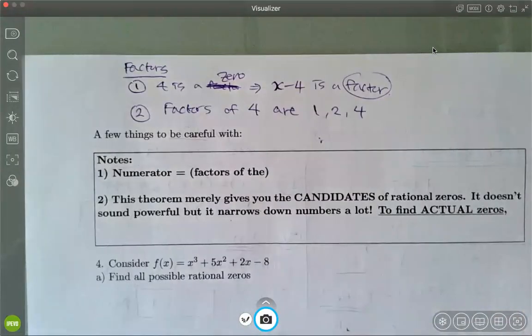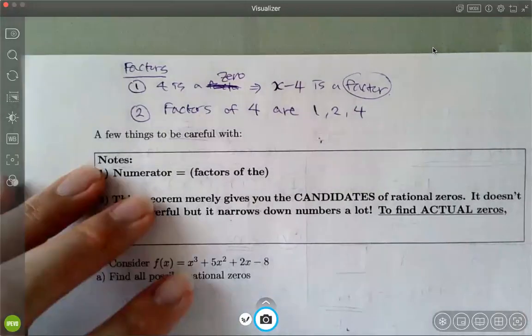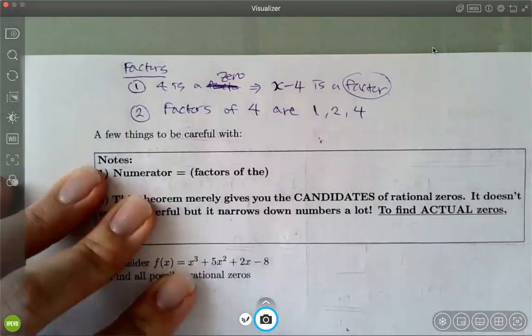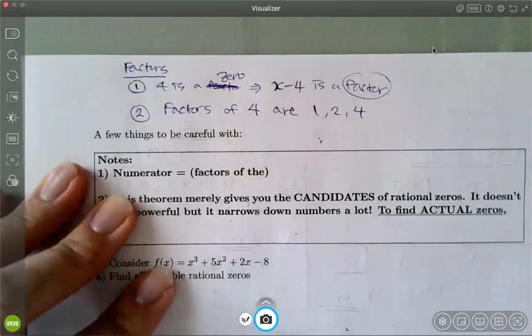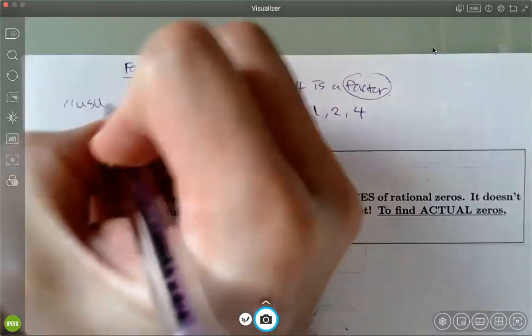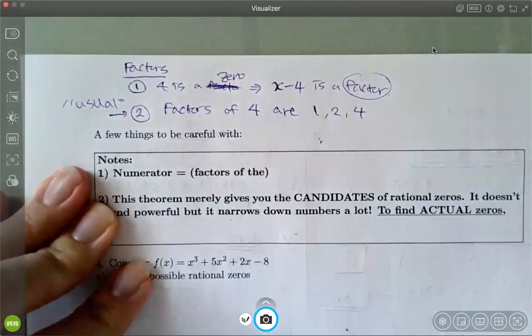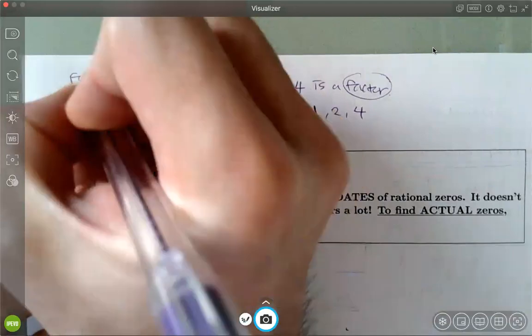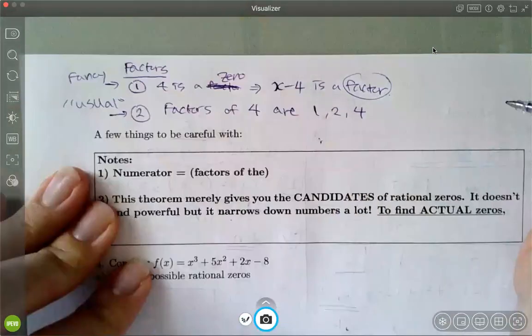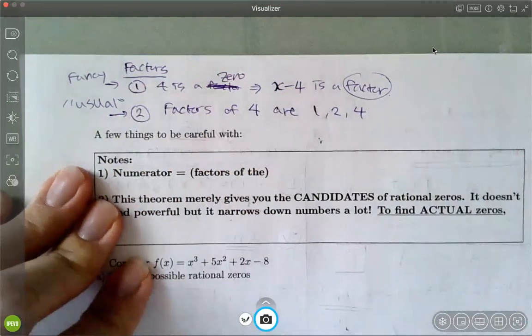So in the earlier page, whenever I wrote the usual factors, I meant the usual definition of the factor, which you already know. Basically this one is the fancy version of the factor, and this one is the non-fancy, usual one.